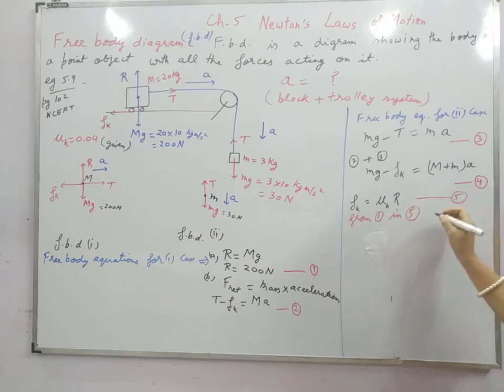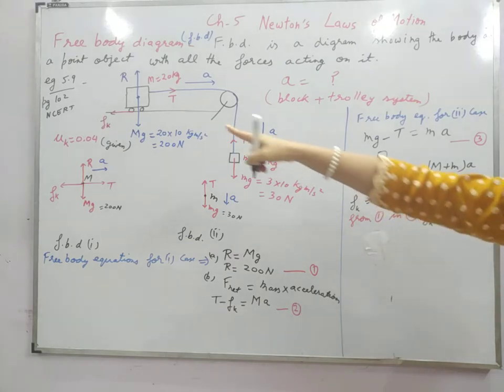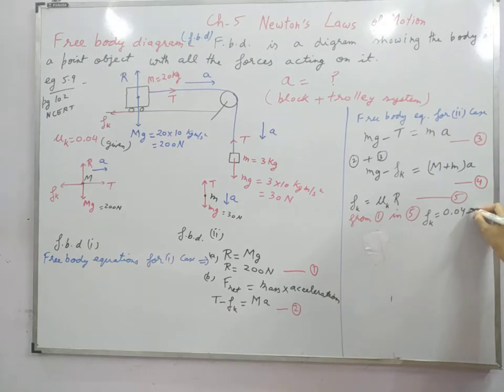So what will be Fk? Fk will be 0.04, which is given in the question, multiplied by 200. So let me solve it. This is 8 Newton. So let's take this as equation 6, right?